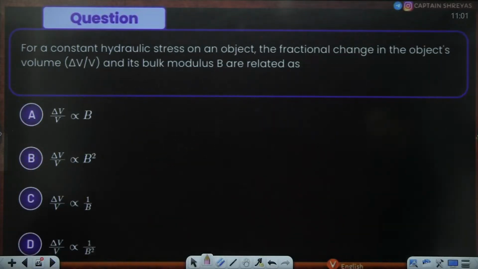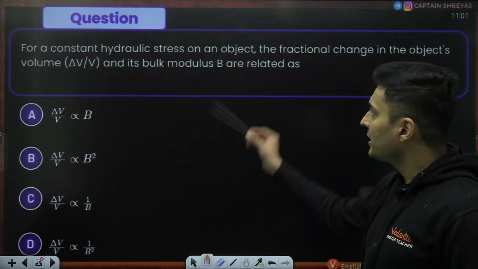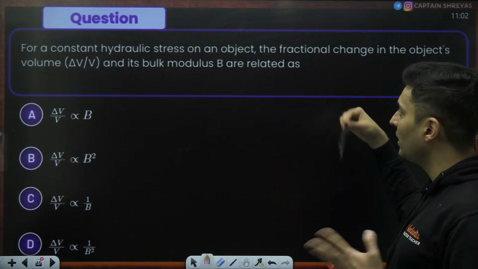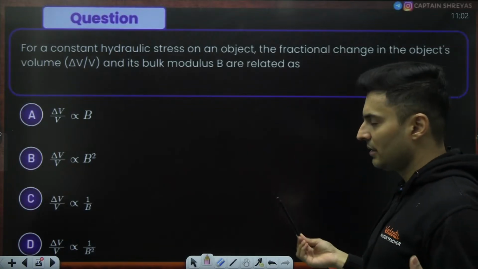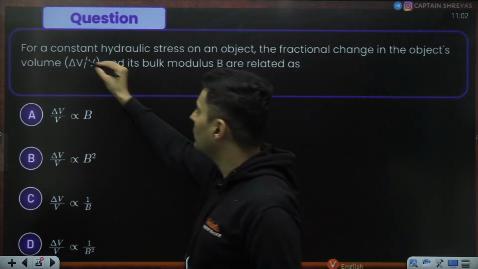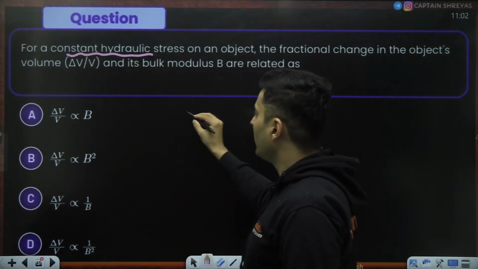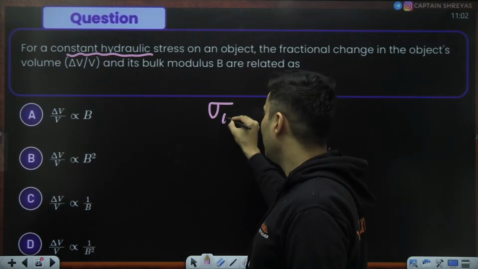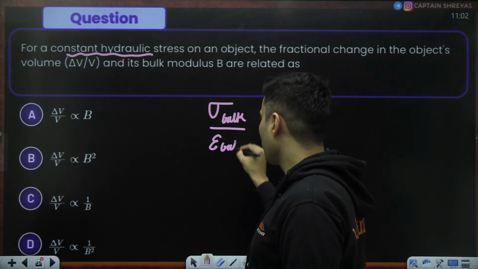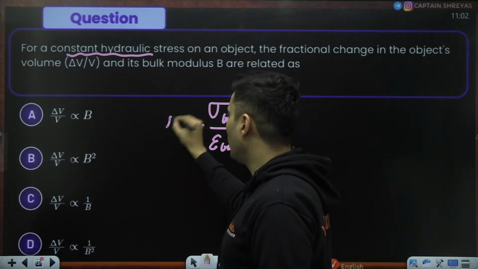For a constant hydraulic stress on an object, the fractional change in the object's volume and the bulk modulus, how are they related? For a constant hydraulic stress, we all know that the bulk stress by the bulk strain is the bulk modulus.